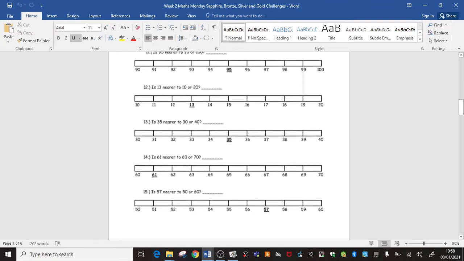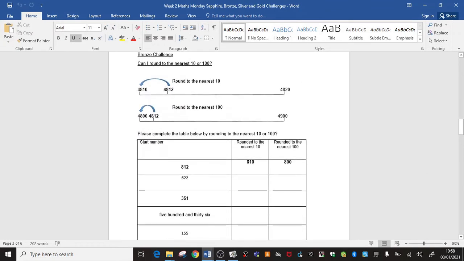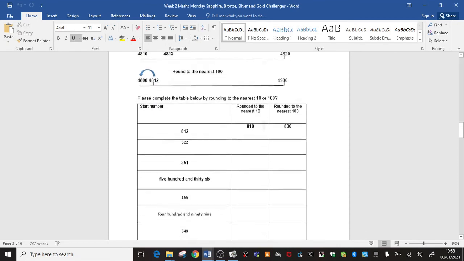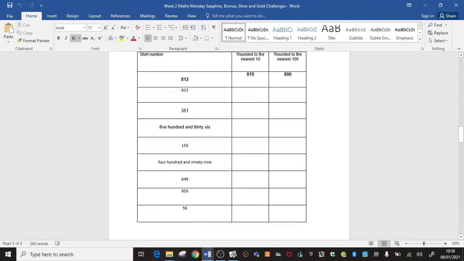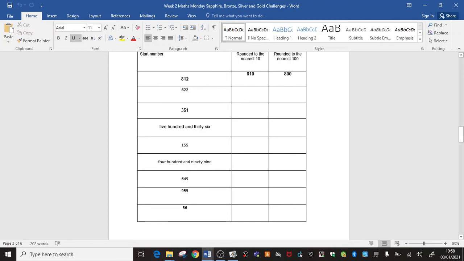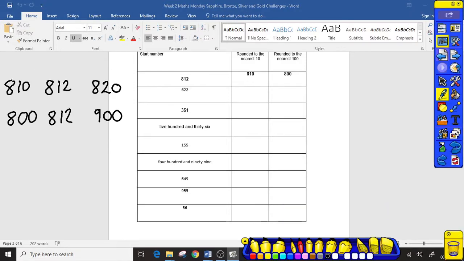The Bronze challenge is just going to focus on rounding to the nearest 100 and the nearest 10. Now, although there are some examples at the start, when you're faced with a table like that, sometimes it can feel a bit daunting. Inaccuracies can creep in. Just a reminder, whatever level you're at today, you can still make your own jottings, as we would do in class, to help your understanding. So if I was rounding 812 to the nearest 10, I might, on a separate piece of paper, write down the nearest 10 that comes before 812, write down the nearest 10 that comes after 812.